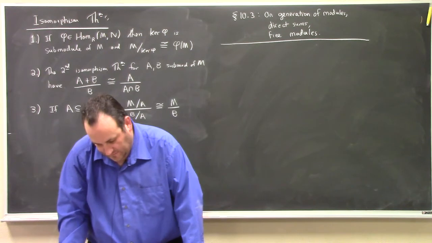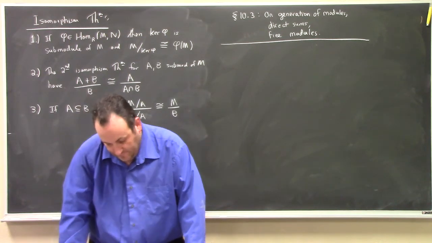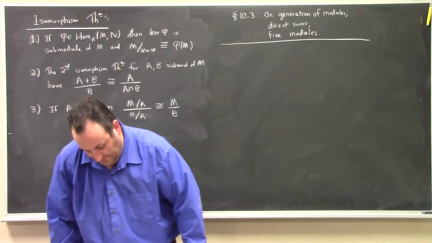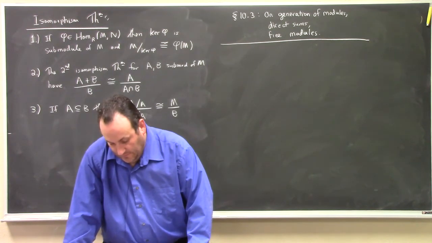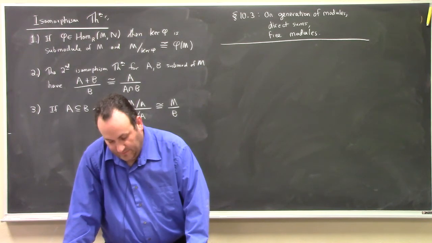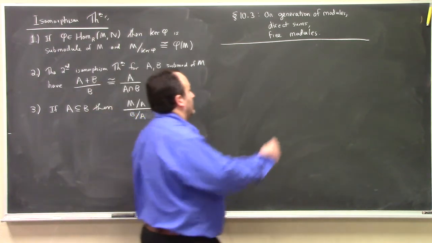Throughout this section, R is a ring with identity, okay? Not necessarily commutative, but a ring with identity. The sum of modules is defined just like we just did A plus B, right? So that's not surprising.